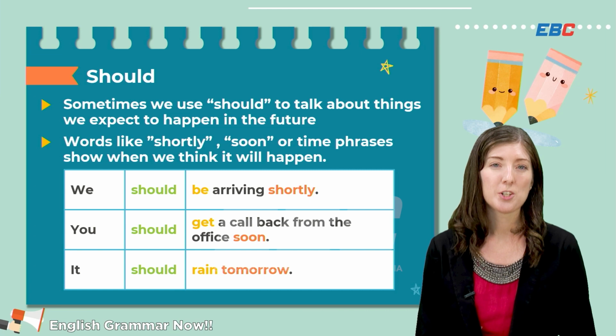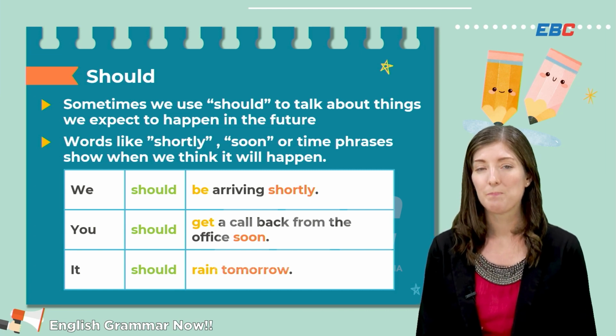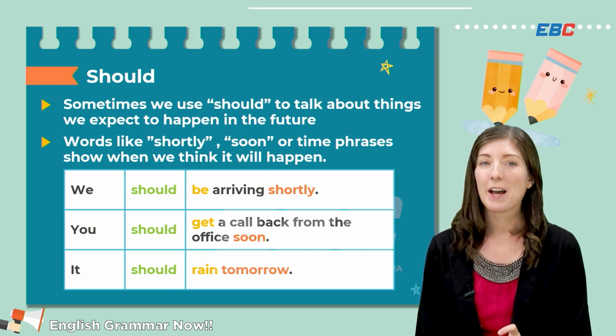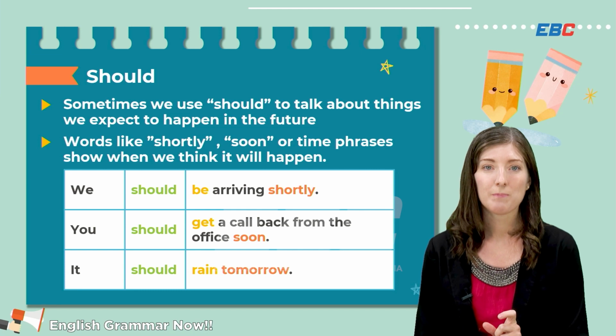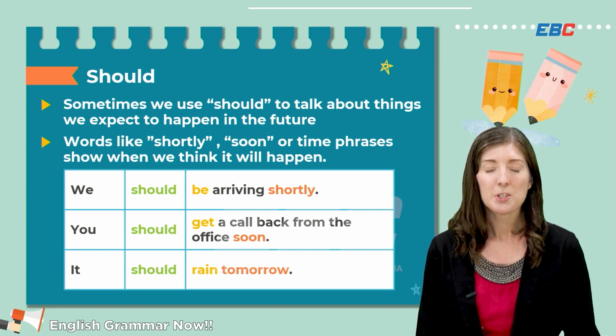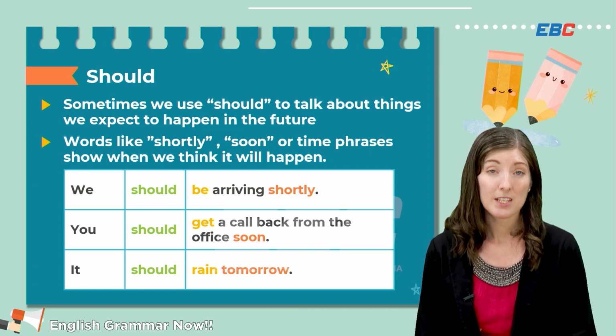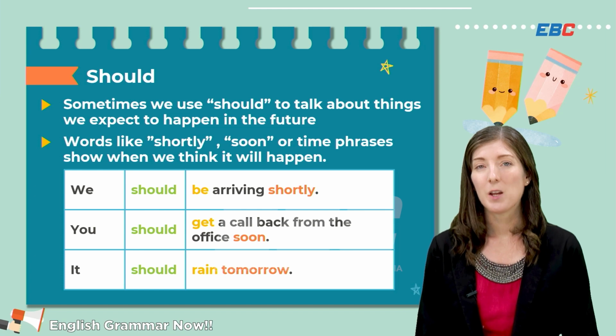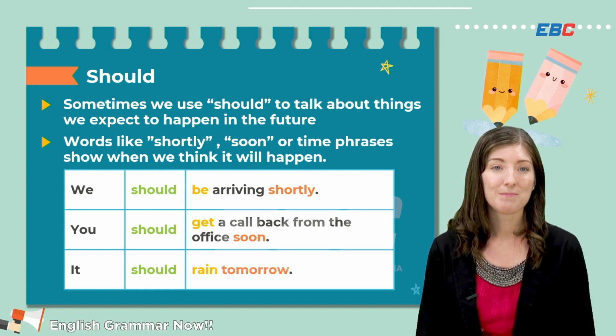Sometimes we use should to talk about things that are going to happen in the future, things that we expect. We also add words like shortly or soon or different time phrases to show when we think this will happen in the future. For example, we should be arriving shortly.